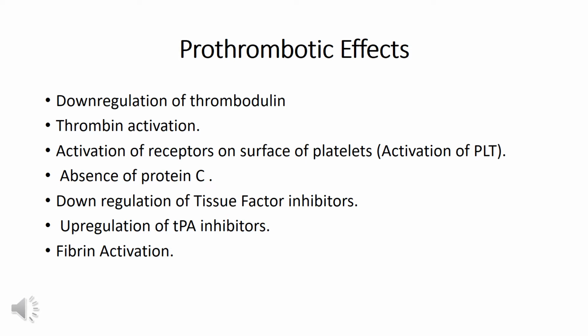So absence of protein C can cause failure of the antithrombotic effect. So due to failure of the antithrombotic effect or deficiency of protein C, coagulation in blood can occur more rapidly as compared to the previous stage.